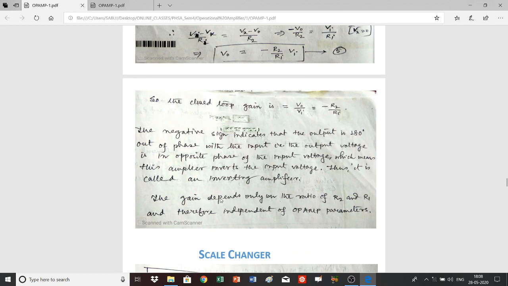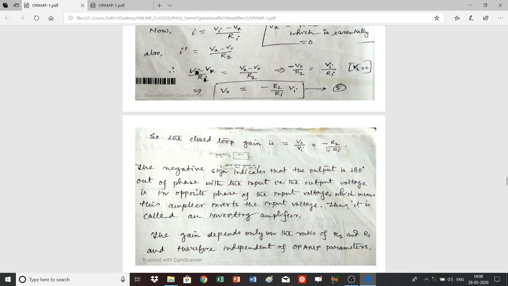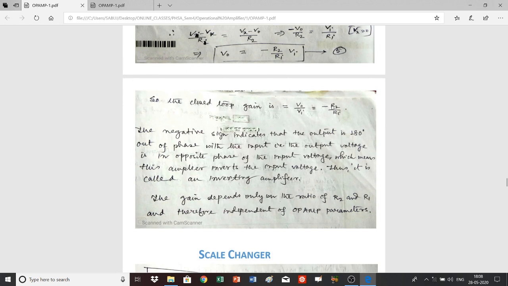And obviously the gain of the amplifier can be found from this relation R2 by R1, and by choosing R2 and R1 we can determine it. The gain is a completely known quantity, because we can choose R2 by R1 as we wish.